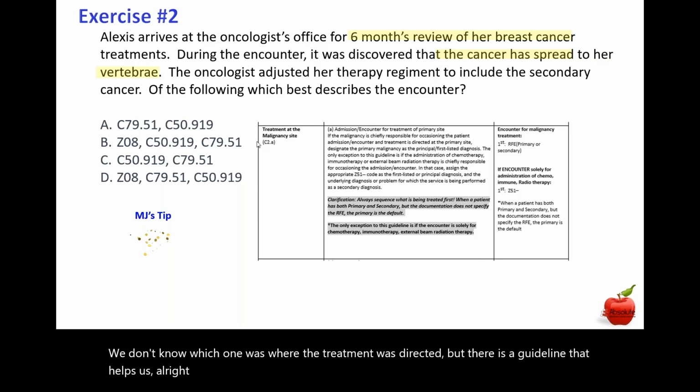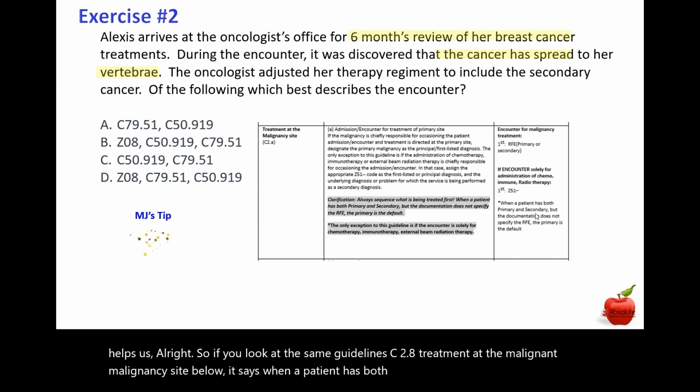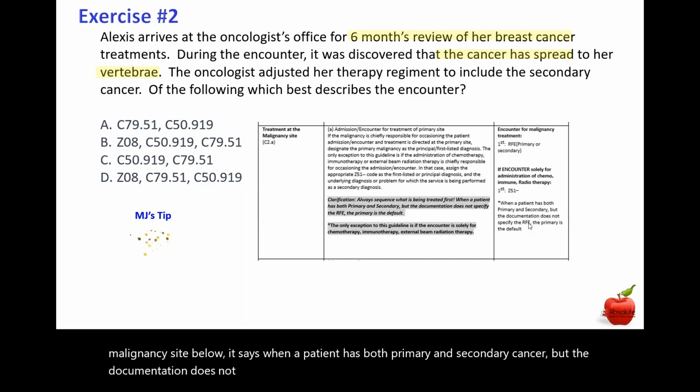If you look at the same guideline, C2.A, treatment at the malignancy site, below, it says when a patient has both primary and secondary cancer, but the documentation does not specify the reason for the encounter.